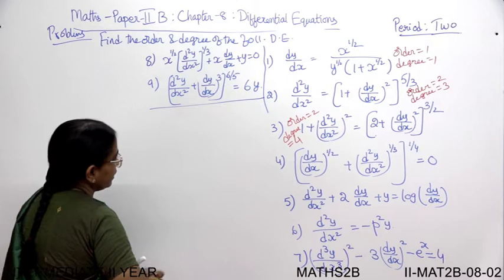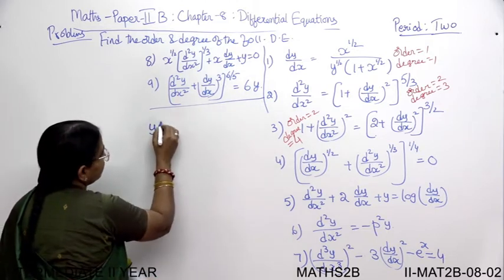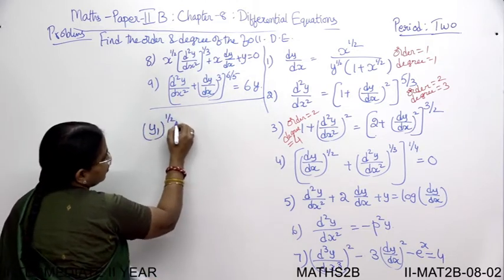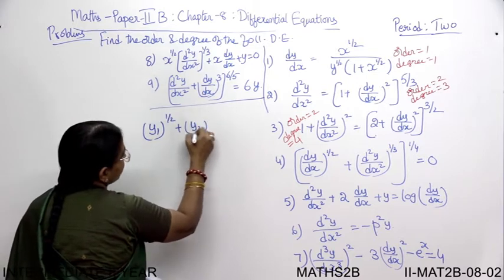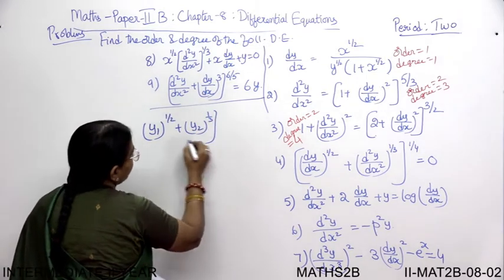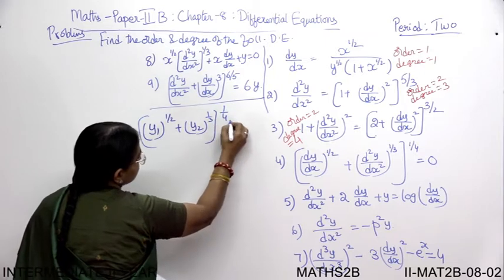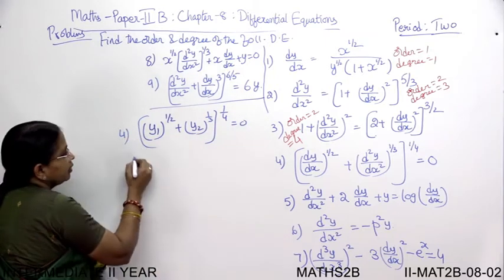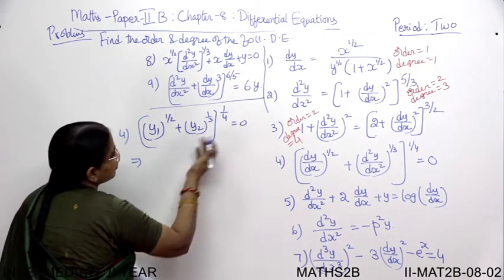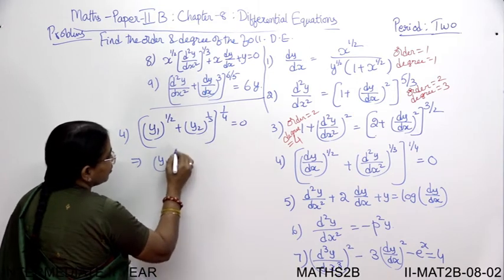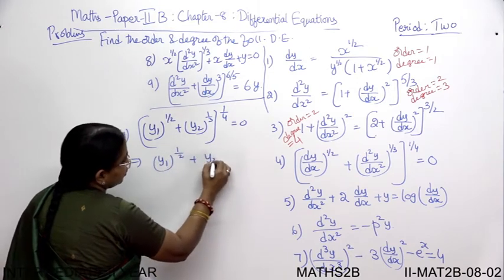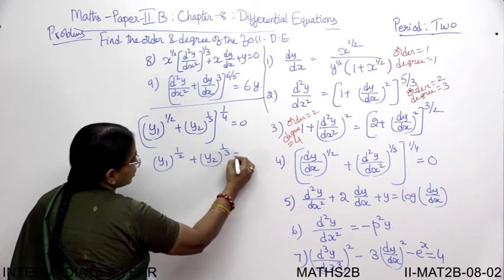So dy by dx whole to the power half means y1 power half plus y2 to the power 1 by 3 whole to the power 1 by 4 is equal to 0. This is the fourth problem. So when you take the power as 4, then it is just y1 whole to the power half plus y2 whole to the power 1 by 3 is equal to 0.